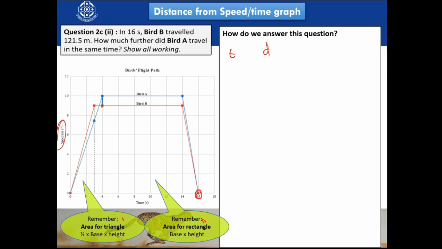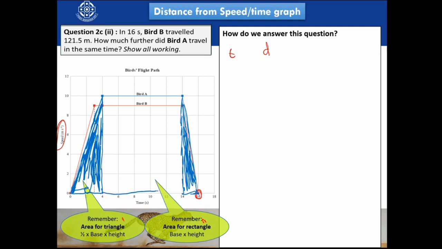For bird A, it's going to be this triangle here, and then this triangle here, and then this rectangle in the middle.